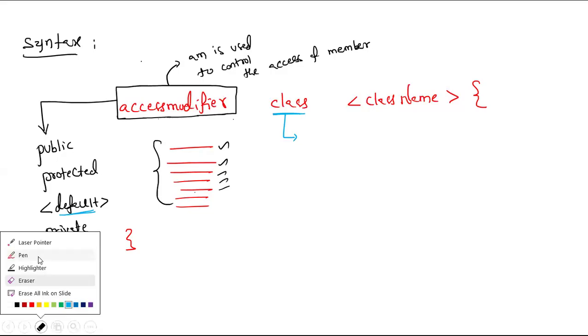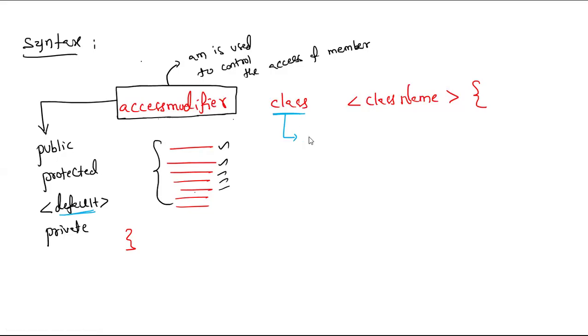The next, as I mentioned in the last class, whenever I use angle brackets, it means the class name is a programmer's choice. Being a programmer, we can give any name to the class, but we should give a meaningful name by following some standards. So this is about the Java class syntax.